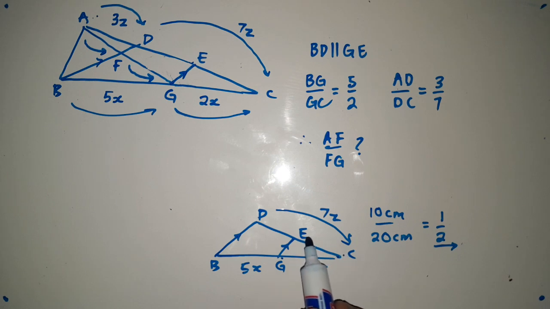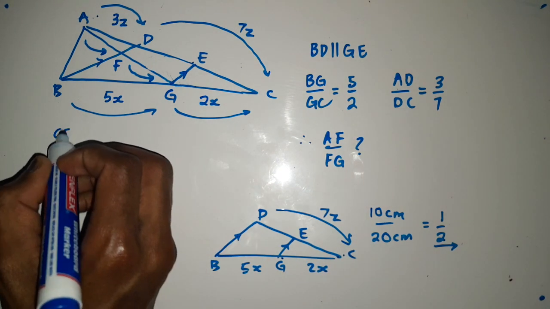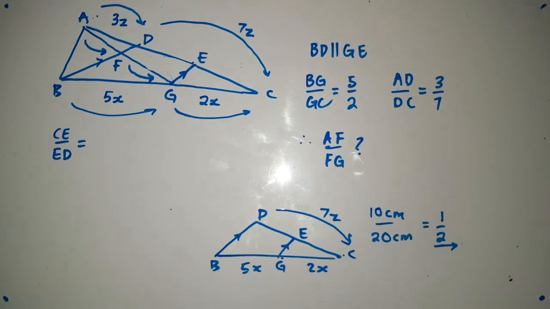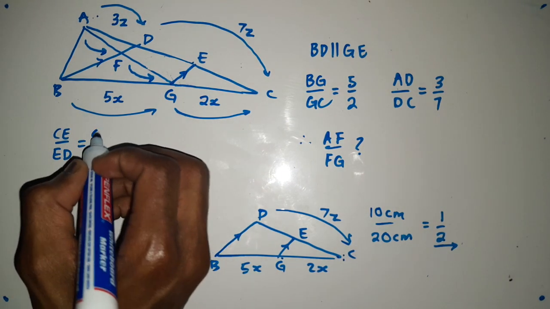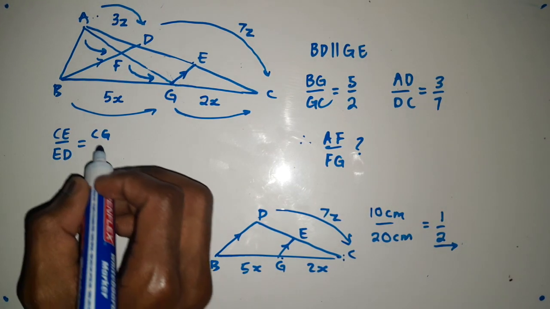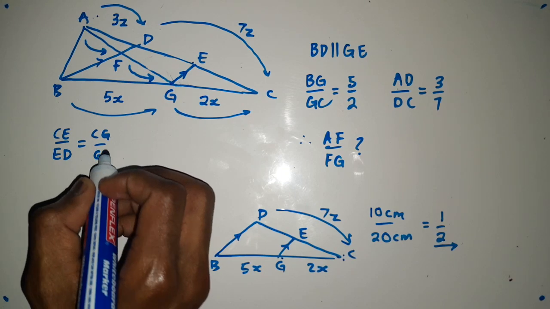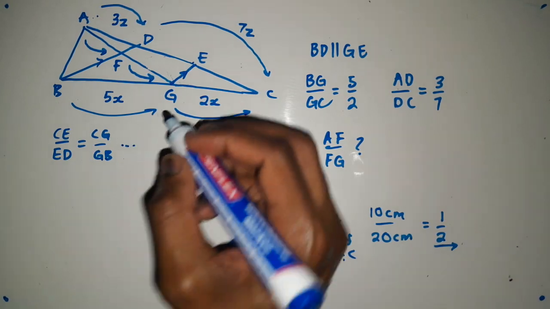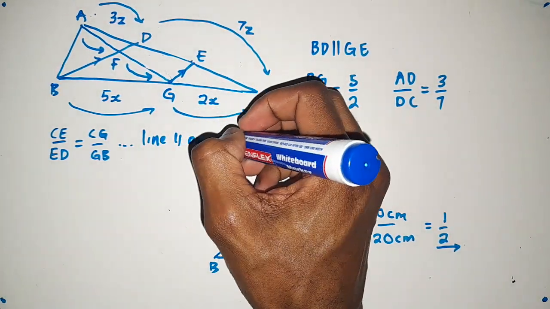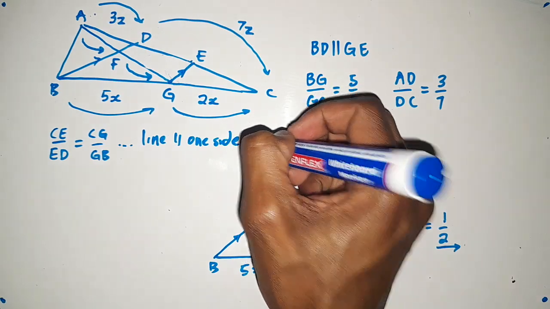We are going to say CE over ED is equal to CG over GB. Don't forget the reason: line parallel to one side of triangle.